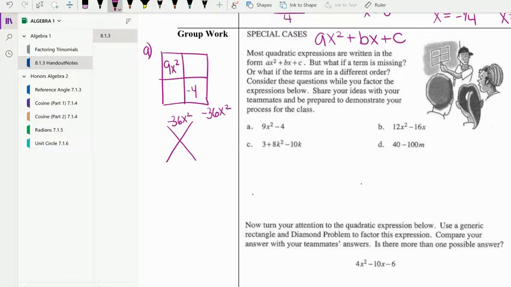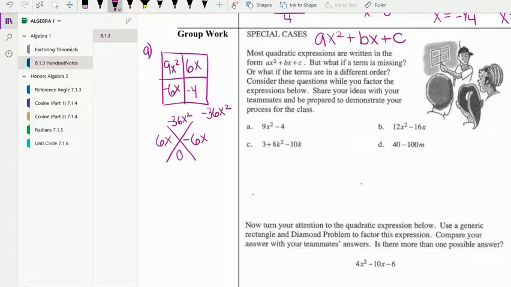And then since we have no b term, it would just be 0. So that means we need two terms that multiply to -36x squared but add to 0. And it will be 6x and -6x. So we're going to go ahead and place those in the boxes.